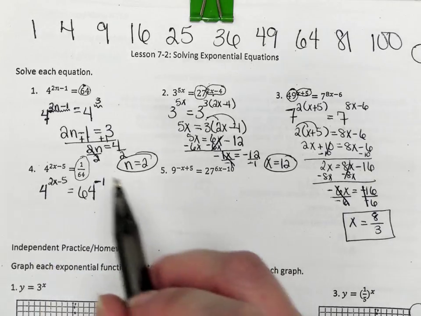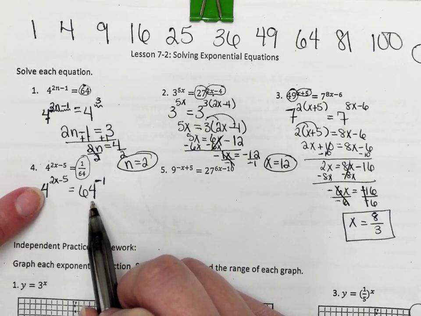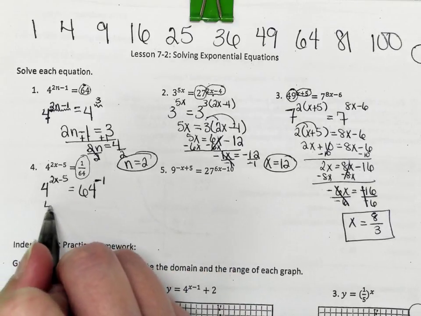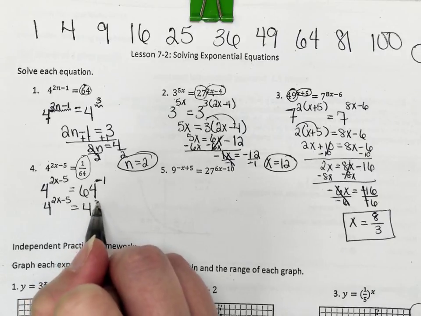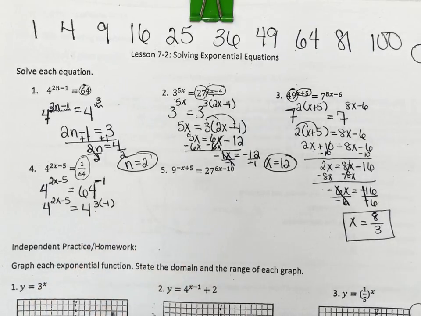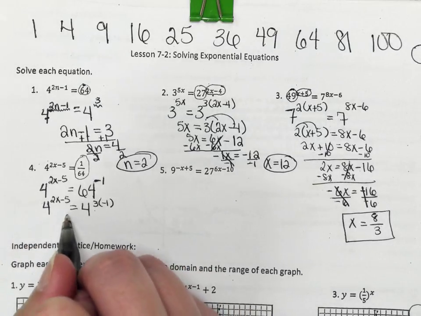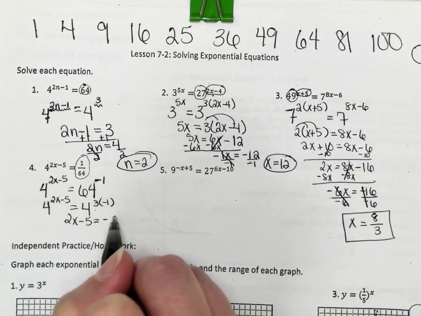All right, look at 64. We already did this earlier. I can rewrite 64 as 4 to what power? To the 3rd. Very good. And then you just multiply it by that negative 1. All right, since they have the same base, we'll set them equal. 2x minus 5 equals 3 times negative 1, which is negative 3.